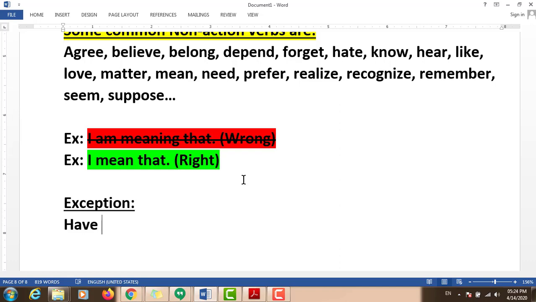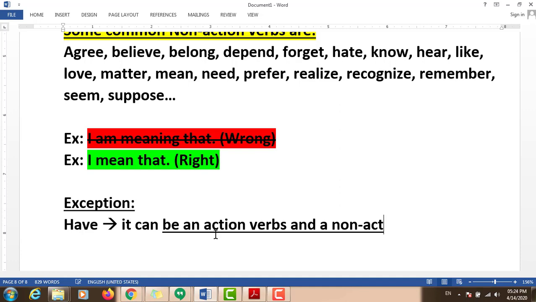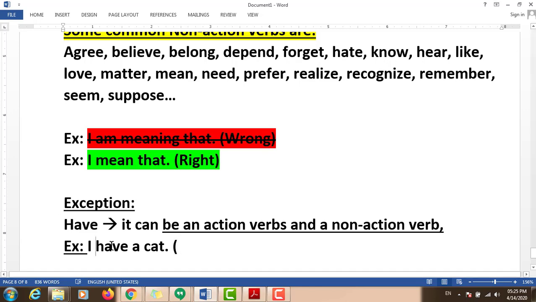It can be an action verb and a non-action verb. For example, I have a cat. Here, this have is what?